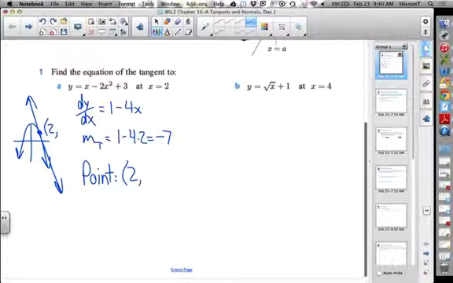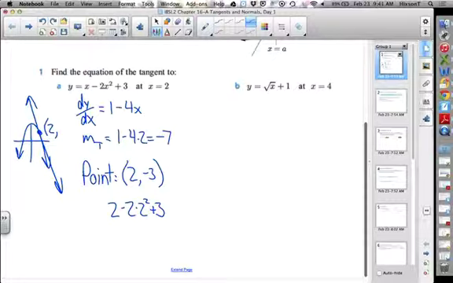Or you just plug 2 into the original equation to get the y coordinate. So 2 minus 2 times 2 squared plus 3, that gives us negative 3. So that's the point that we want this to hit.